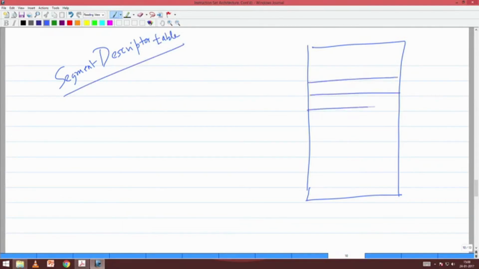Now, when the system comes up, when the operating system comes up, in your memory it creates a table called a segment descriptor table. When the operating system comes into existence, it creates this descriptor table.